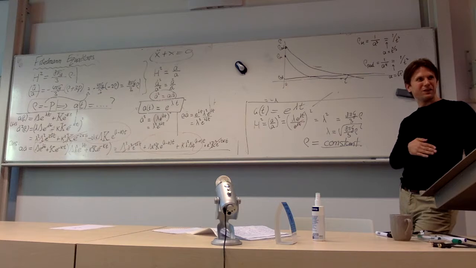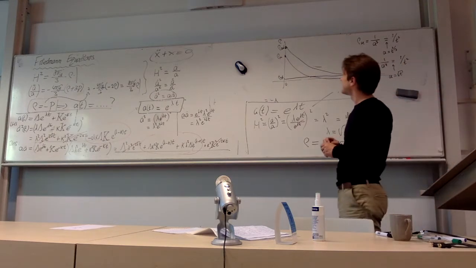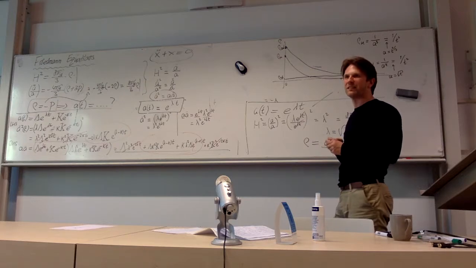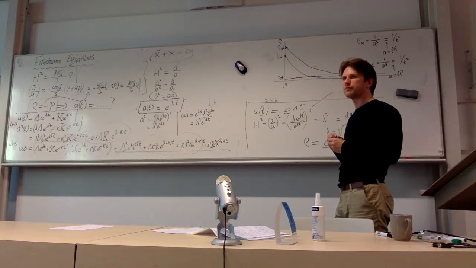Okay, questions? Yes. Before, we found out that lambda is equal to minus kappa, and from there we said that the universe is expanding. I didn't really follow this. How can we see that if lambda is equal to minus kappa, it has to expand?